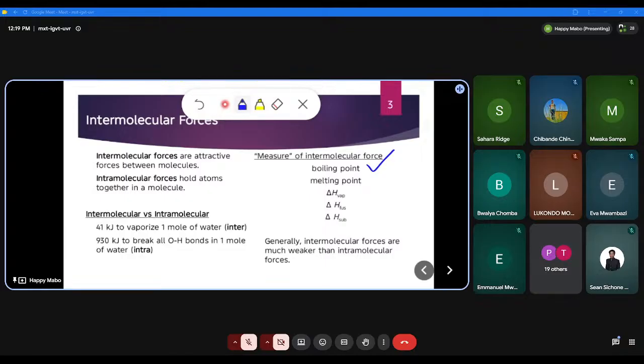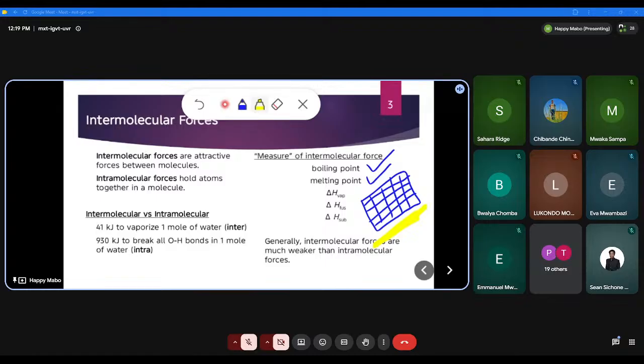Then melting point: you're looking at the amount of energy that is needed to break the solid lattice. You've got this nice arrangement, this structure, and to distort this arrangement, the amount of energy that is needed is referred to as the melting point of that particular substance.